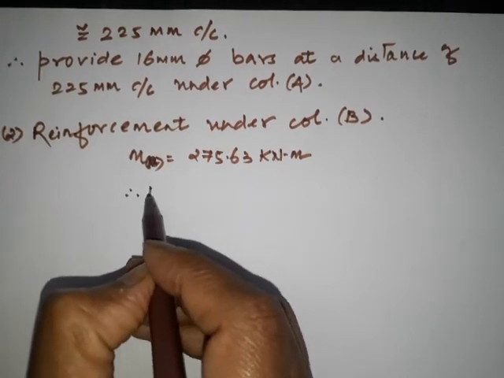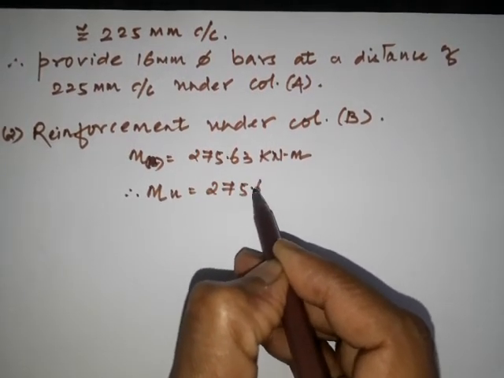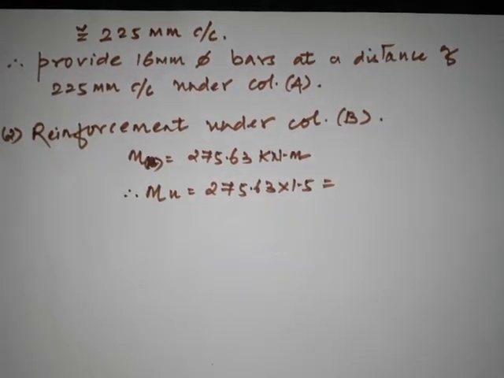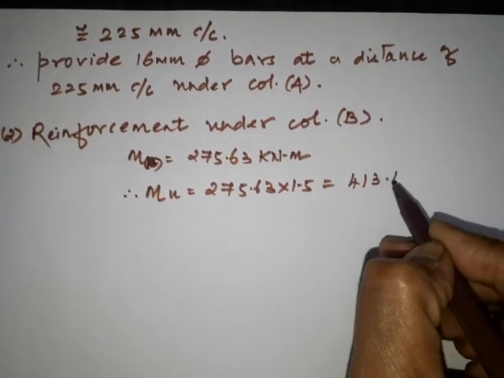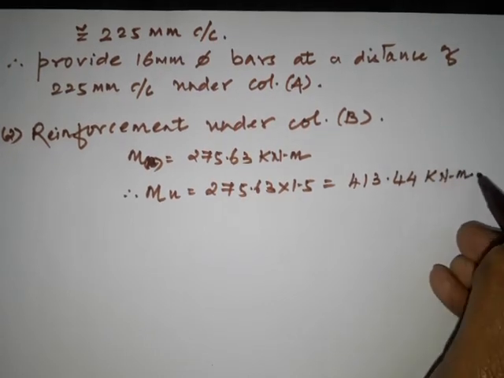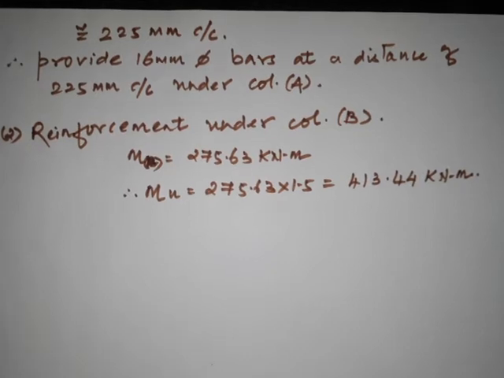So therefore Mu is equal to 275.63 into 1.5. So we will get this as 413.44 kilonewton meter.